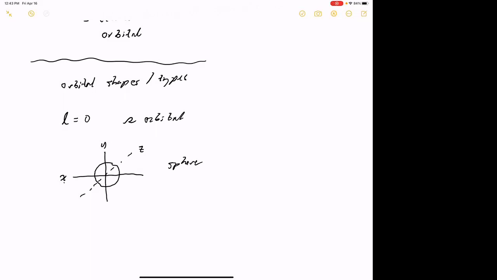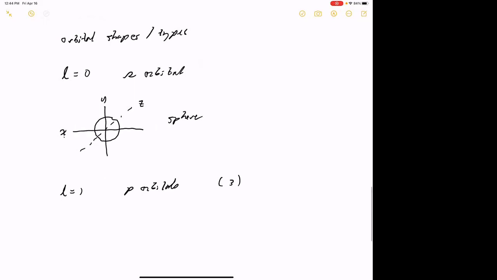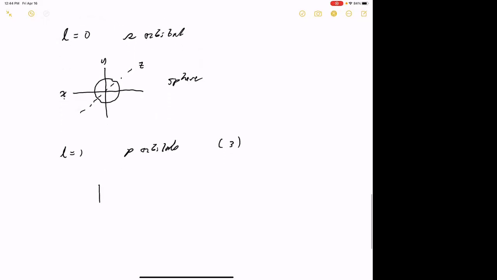All right. Now, what about L equals 1? Well, that's where I would have a set of p orbitals. How many different kinds of p orbitals could I have? I could have 3 different p orbitals as defined by the m sub L quantum number. So what do they look like? I'm just going to do 2 sets of axes here.